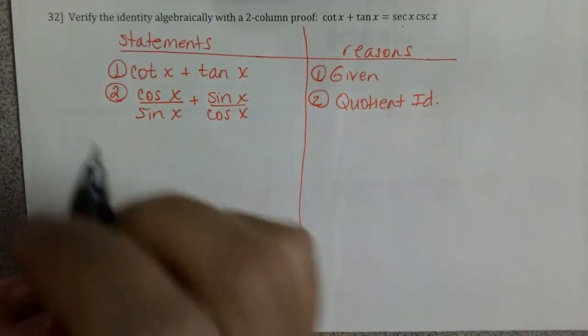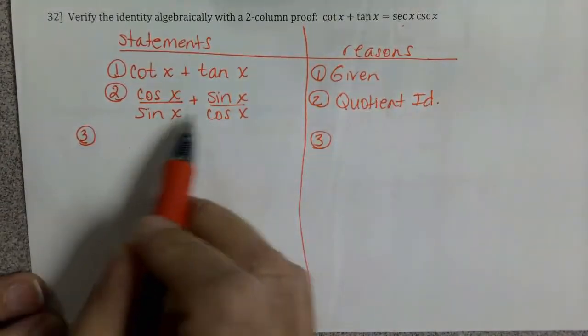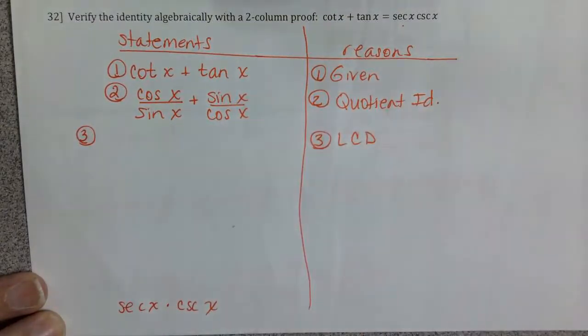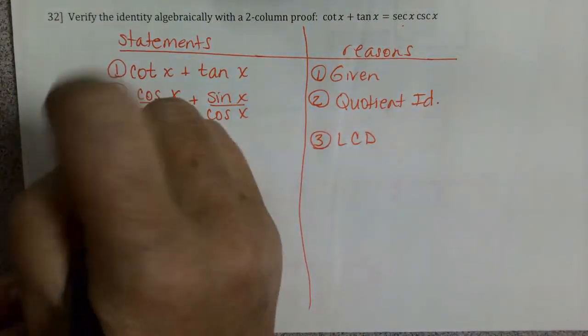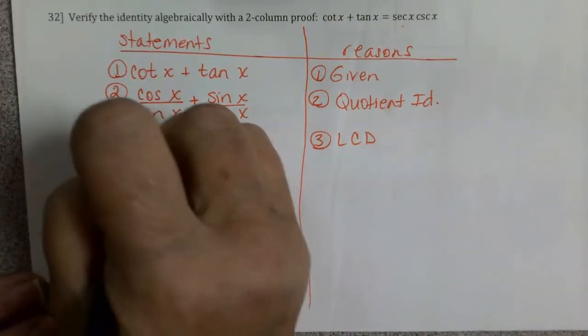Okay, now if I want to combine those fractions, I'm going to need a common denominator. So I'm going to find the least common denominator by multiplying the first fraction by cosine over cosine.